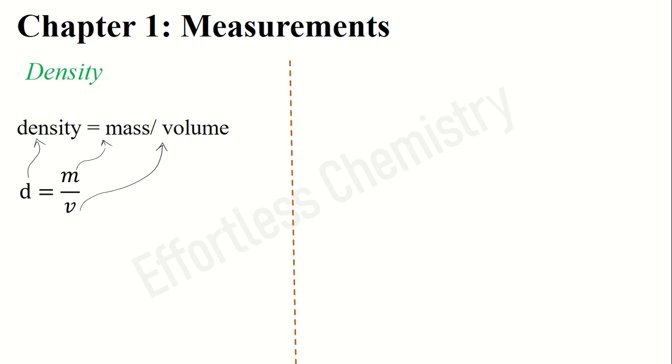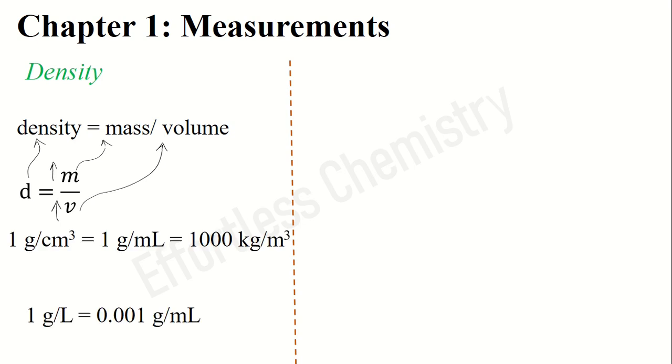In other words, while volume increases as mass does, the density remains constant. Density usually decreases with temperature. Here are the units related to density, and now let's solve a problem regarding density.